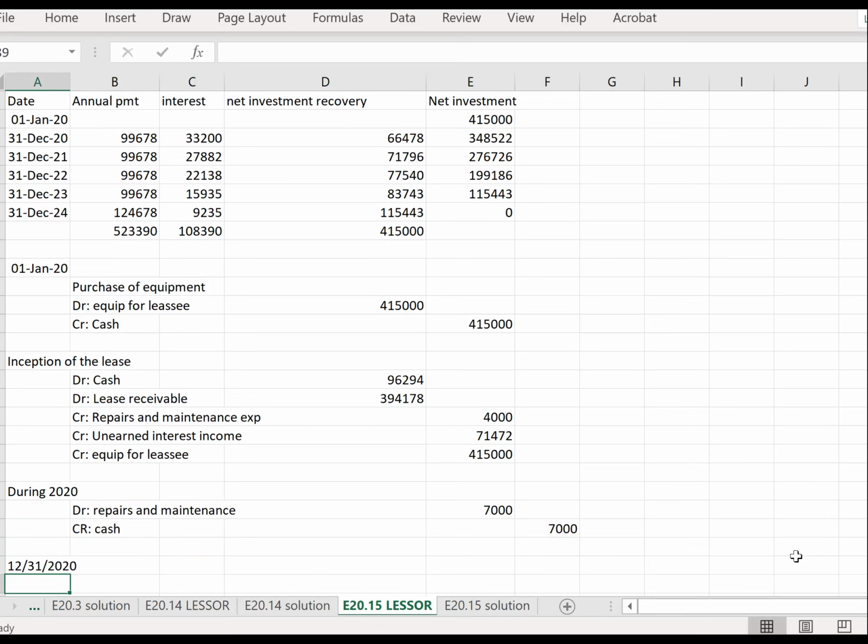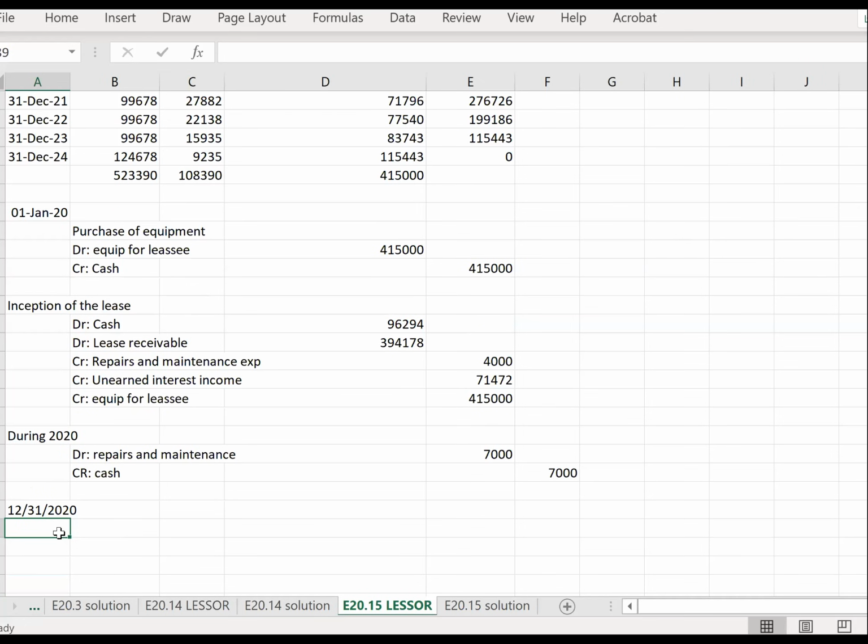We're going to have our December 31st adjusting entry. We're going to record our interest income. So we're going to have debit, unearned interest income, credit interest income to put the interest income through our income statement.